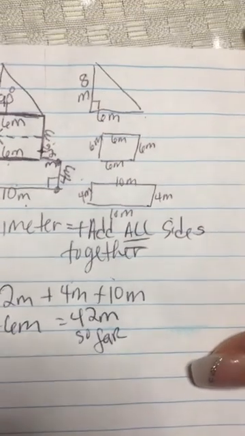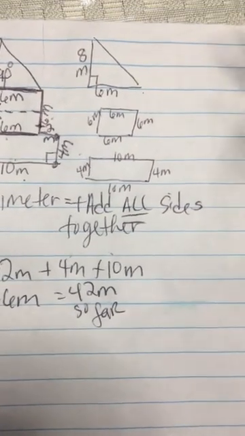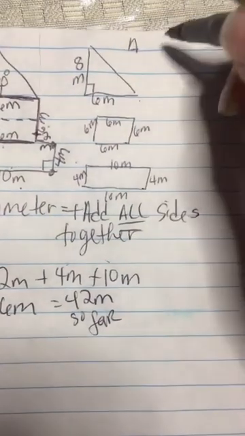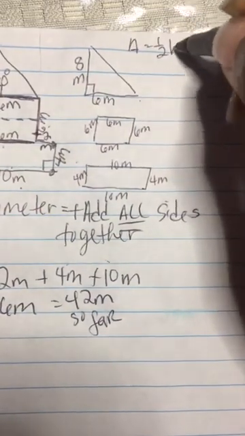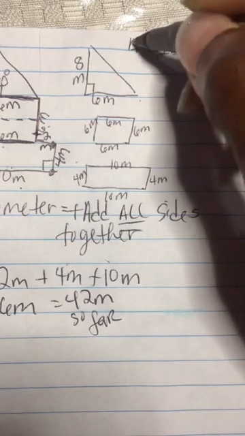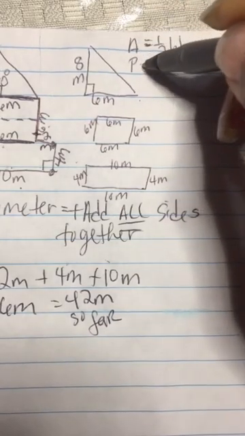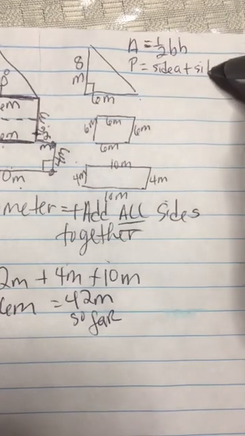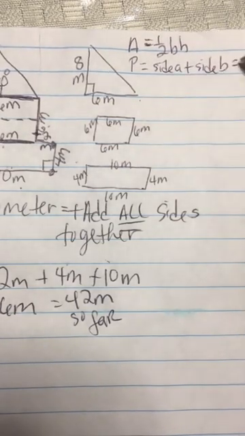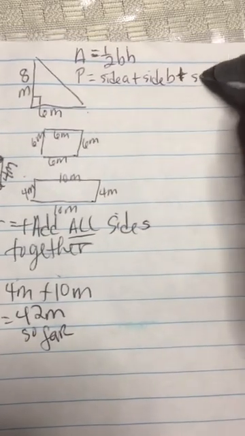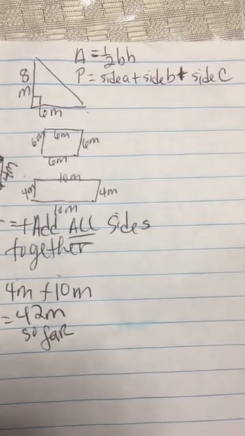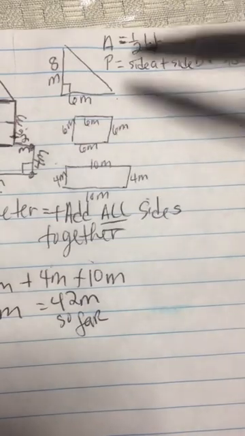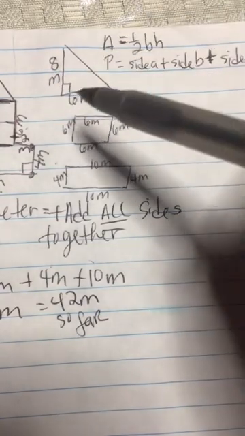Now, in order to find the area of a triangle, we have 1/2 base times height. In order to find the perimeter, we have side A plus side B plus side C. Now there's another formula that only goes with a right triangle.